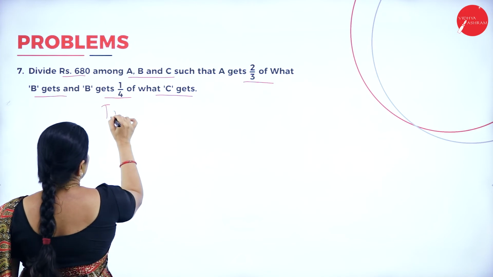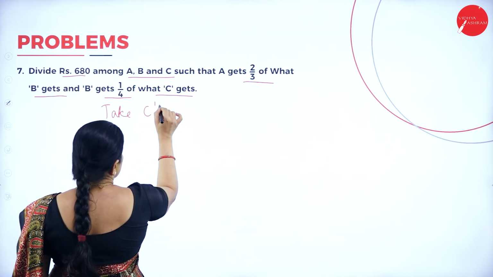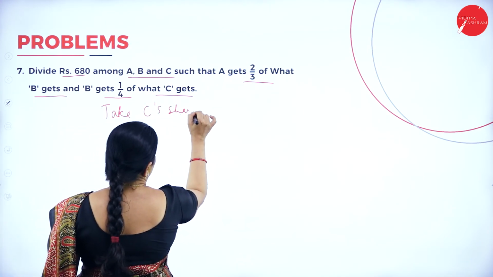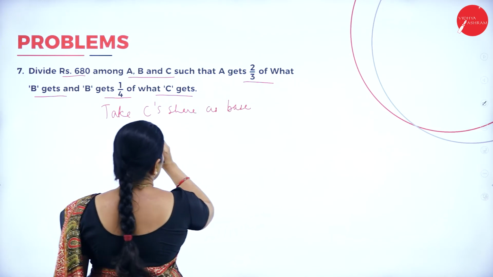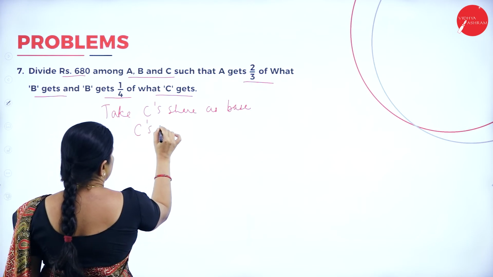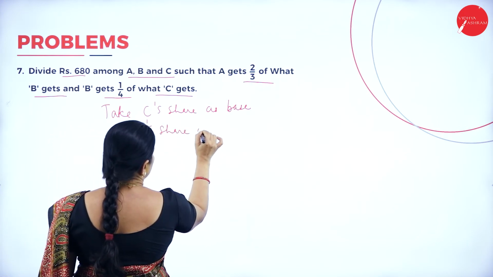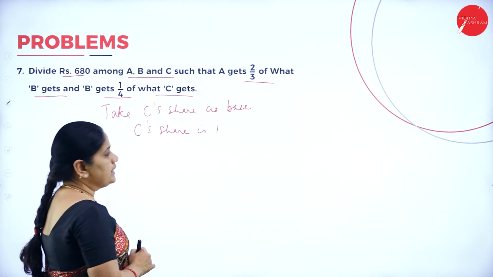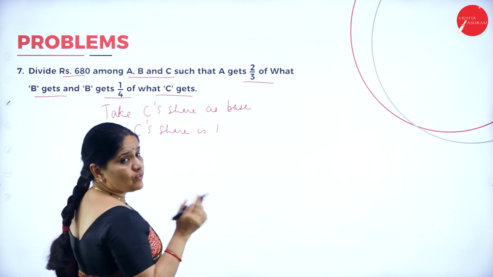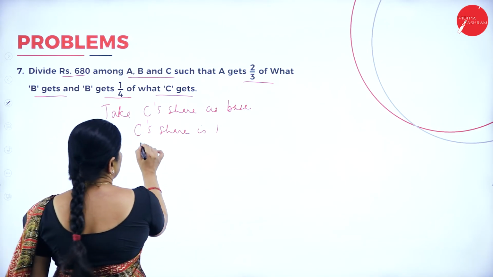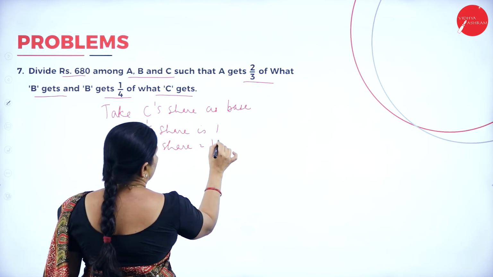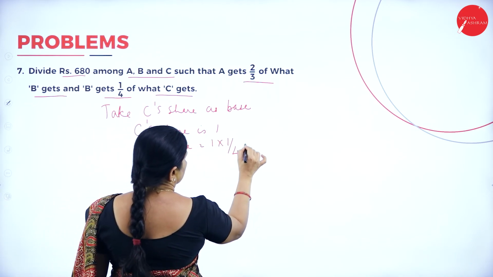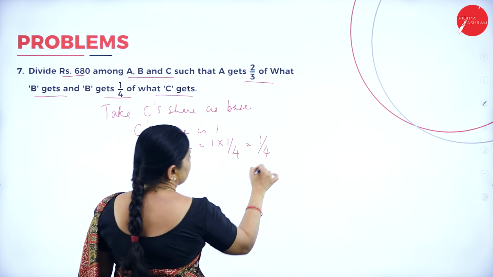Now, take C's share as base. So, C's share equals 1. Then, B will get 1/4 of C. Then, B's share will be 1 into 1/4, that is 1/4.